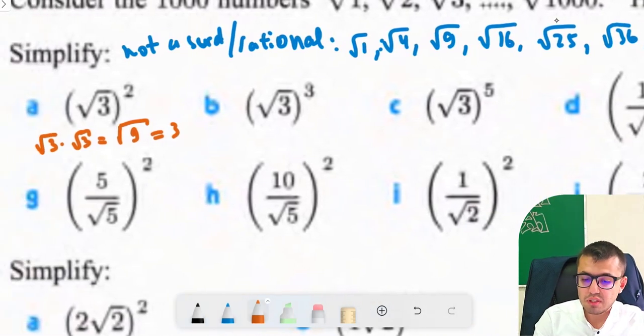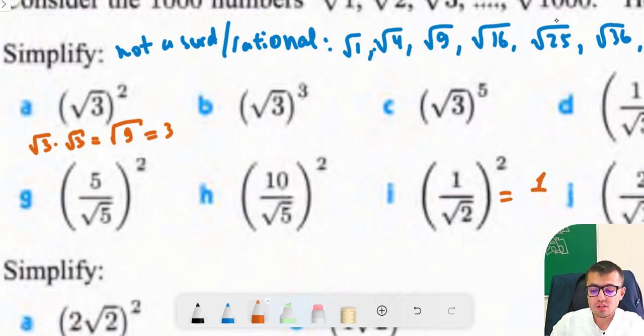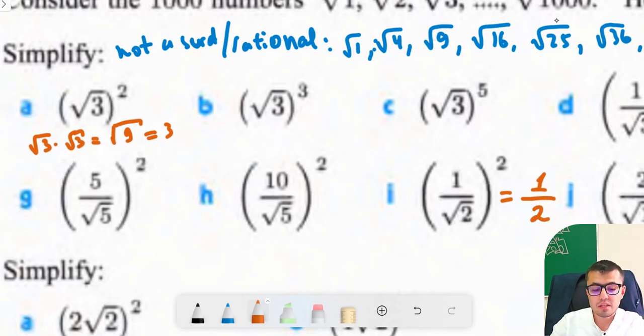In I, we have the same thing. You may square the top and the bottom separately. So 1 squared is just 1, and root 2 squared, by following the same logic as in A, would be 2.